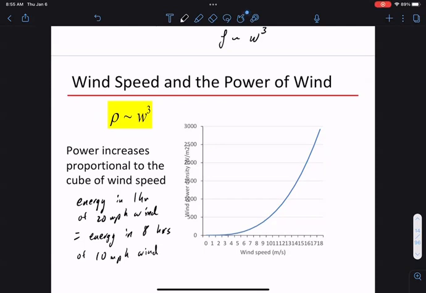So you may see turbines put at places that are sometimes very calm, but sometimes very windy. Often it makes sense to go for the place that's sometimes very windy and not all that steady. Again, it comes from this cube. It's very nonlinear, so even a little increase in speed matters a lot.